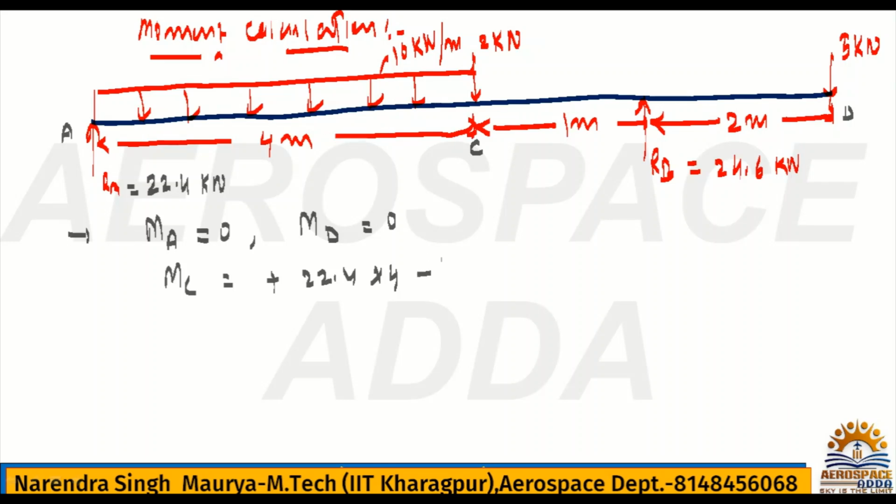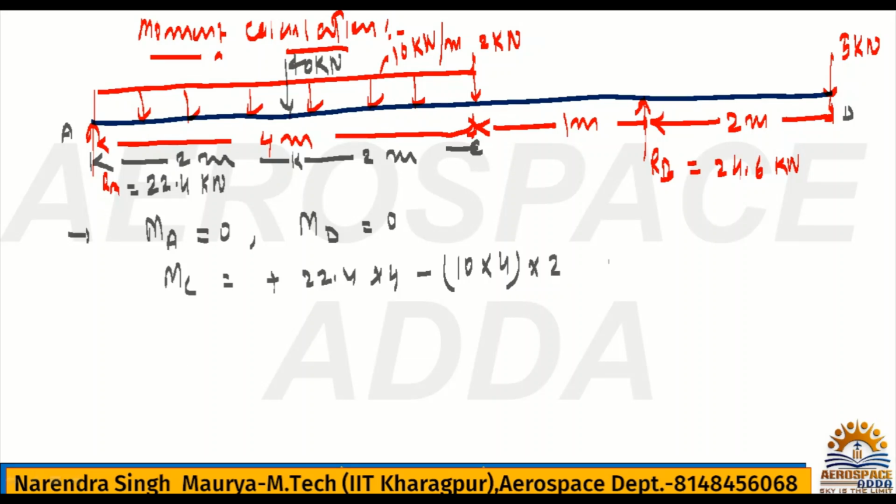So what are the forces here? It's nothing but UDL 10 into 4. Where will it be acting? It will be acting at the mid of the span. Mid of the span means this is 2 meter and this is 2 meter. What is the total UDL? It's a concentrated load now, it is 40 kilonewton. So 40 kilonewton into perpendicular distance 2.